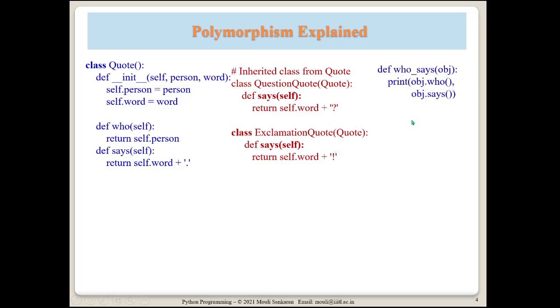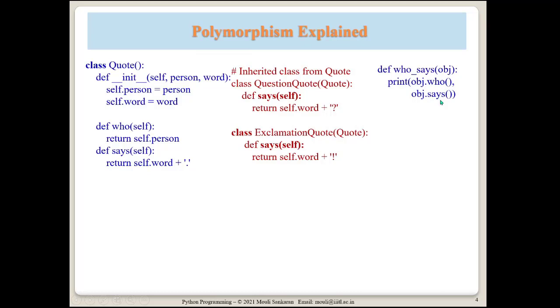Now what if I have a method which is outside the classes, not related to any of these classes, and it is passed an object which could be just a Quote object, or a QuestionQuote or an ExclamationQuote? The object could be any one of these three. Then which is going to be called?